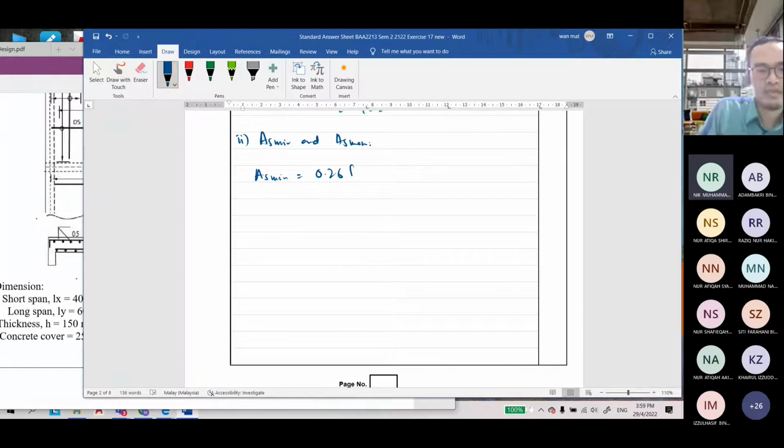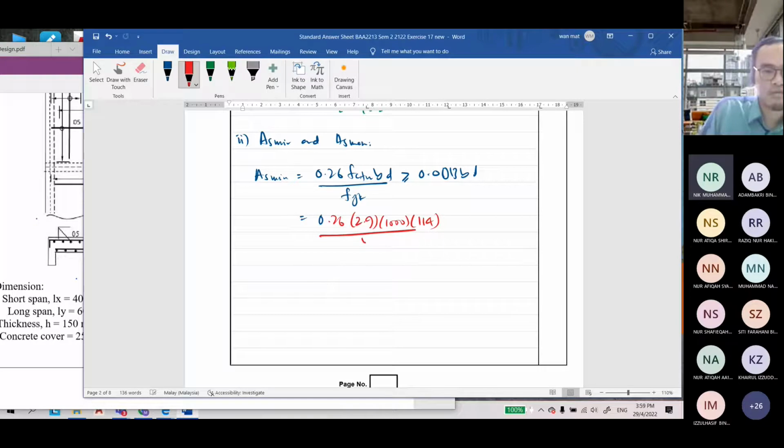0.26 fctm times b times d over fyk, greater than or equal to 0.0013 bd, equal to 0.26 times 2.9 times 1000 times 114 divided by 500, and 0.0013 times 1000 times 114.